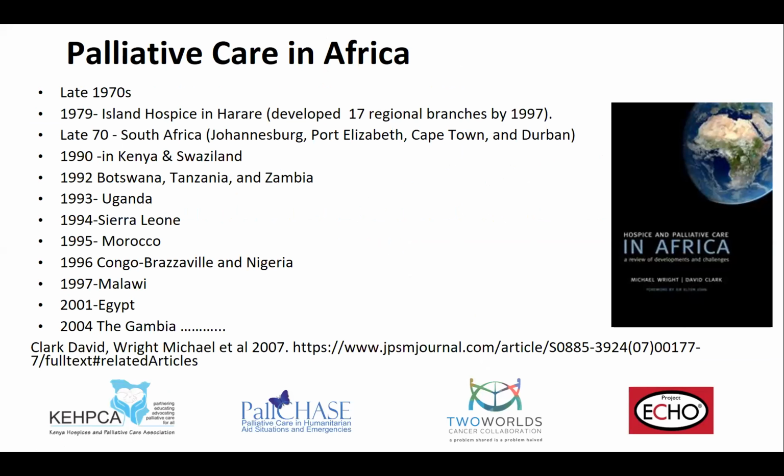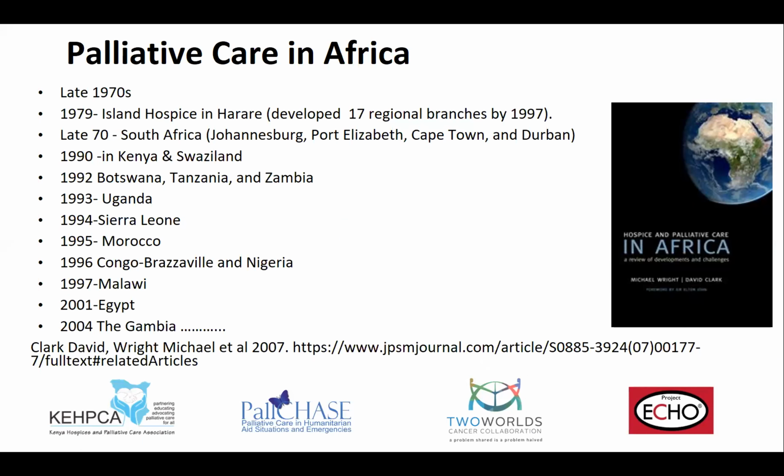So palliative care in Africa, I will not go into the history. There's a book here that has summarized how palliative care started in Africa in the late 70s, with Zimbabwe being the first place to have a hospice, going to South Africa. Then Kenya was in 1990, and then Uganda, Botswana, many other countries followed up, and it's still continuing.